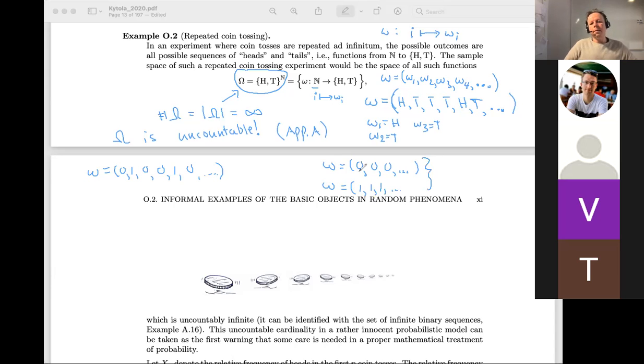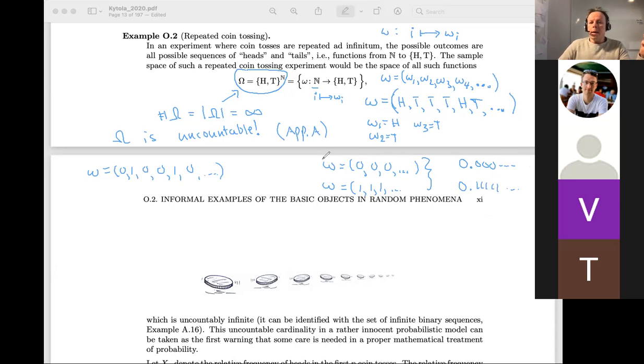Now think about mapping these binary sequences to real numbers. All zeros is actually the number which, in binary representation, is 0.0000..., and this is, let's say, 0.11111... in the base 2 binary representation.